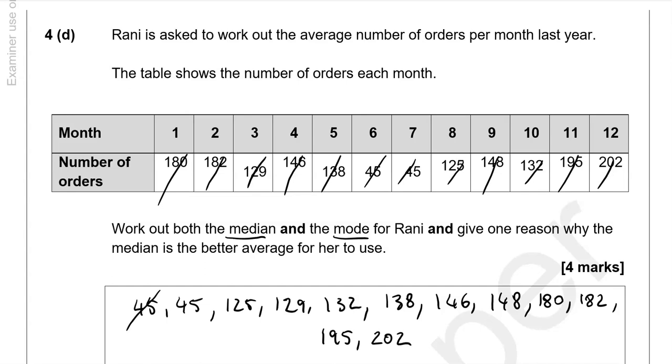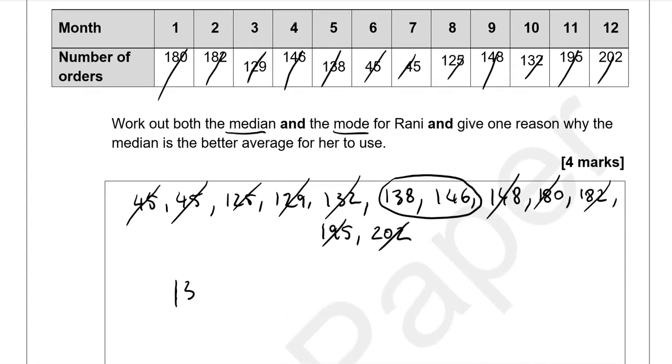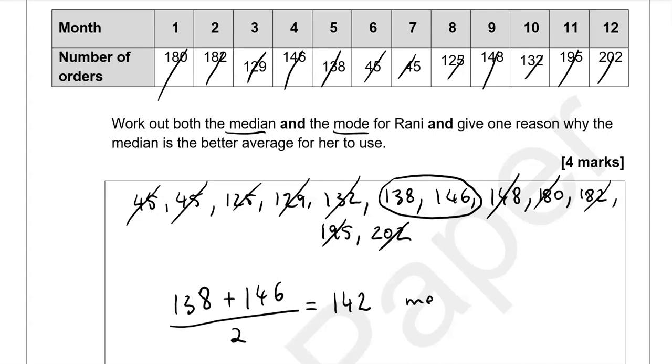Crossing them out both sides. Got 2 numbers in the middle. So 138 add 146 and then divide the answer by 2. And that gives us 142 as the median.